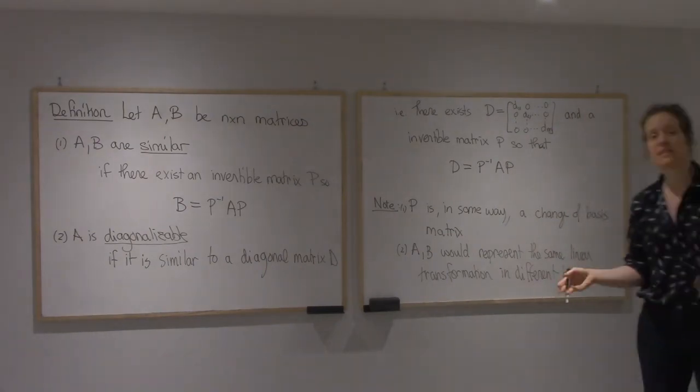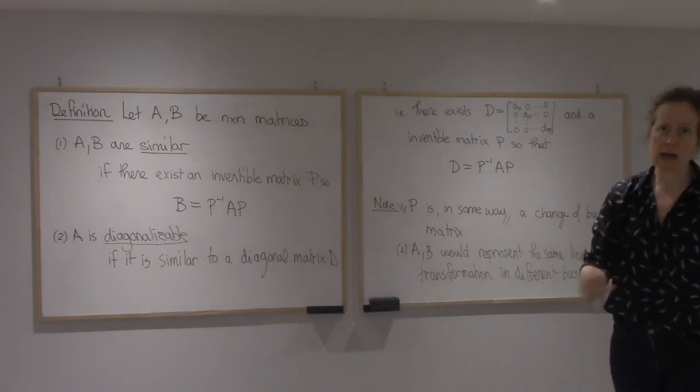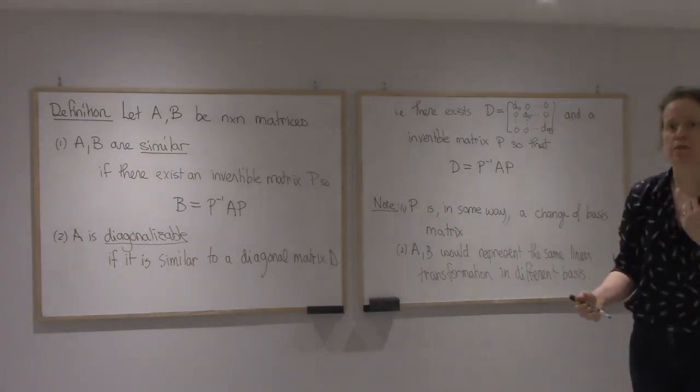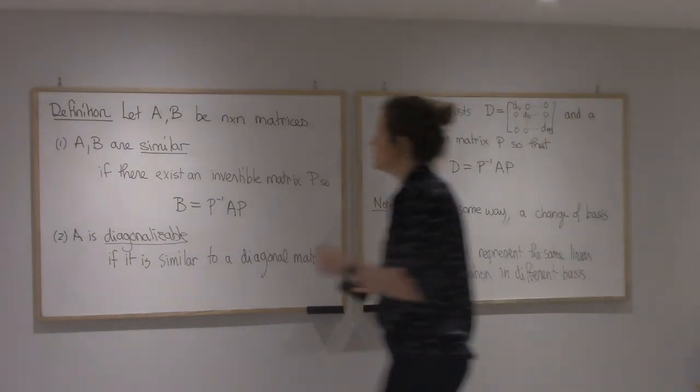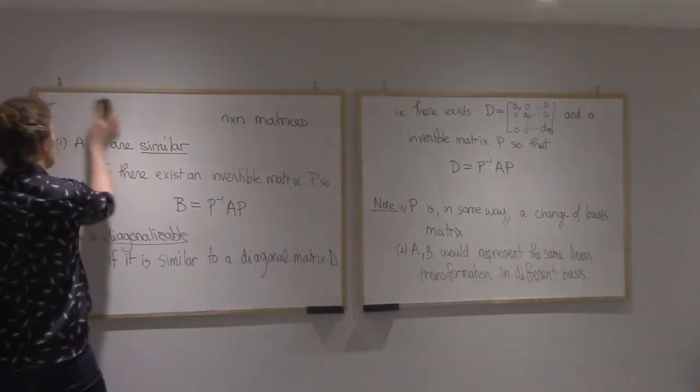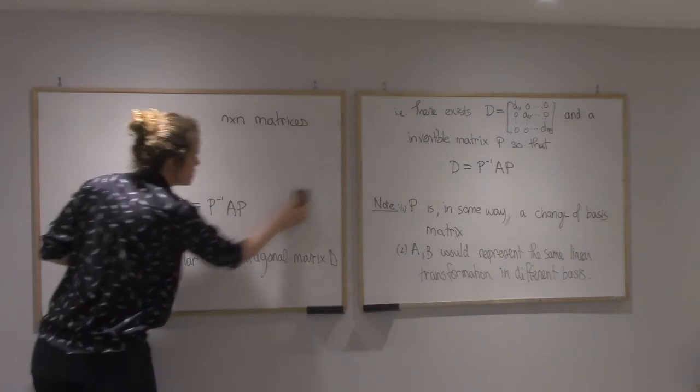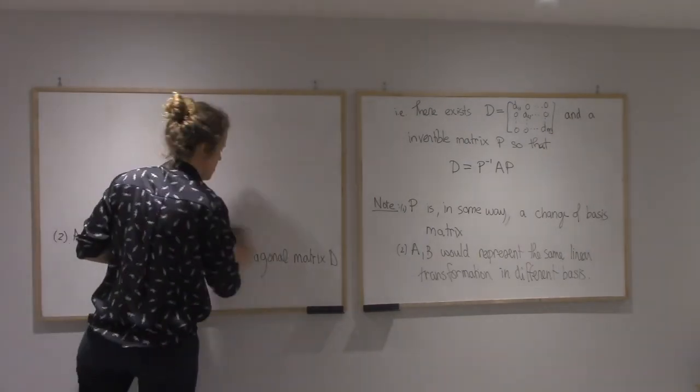In one basis, T would be represented by A, in the other, T would be represented by B. So that means A and B have a lot in common. Let's list a few things that A and B, if they're similar matrices, would have in common.